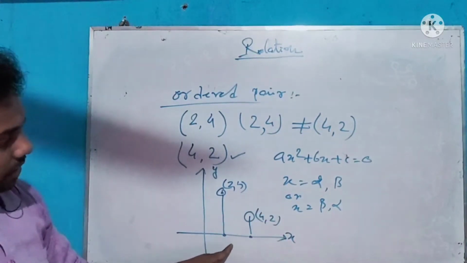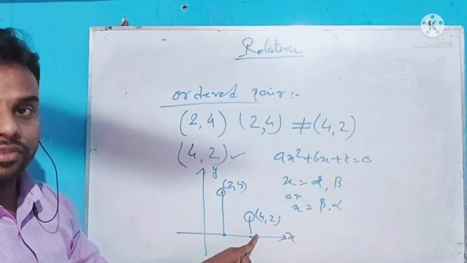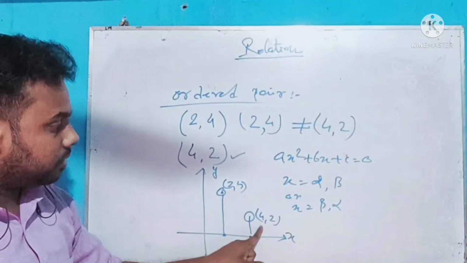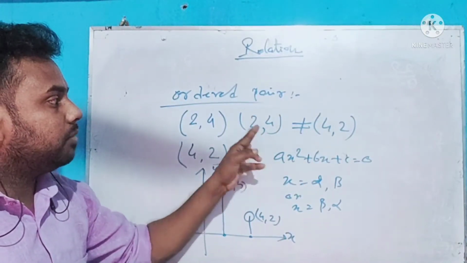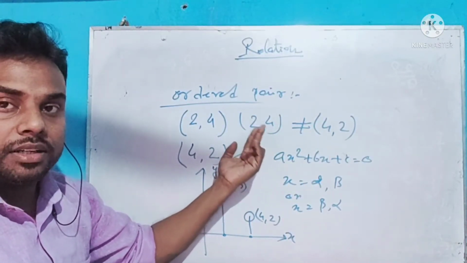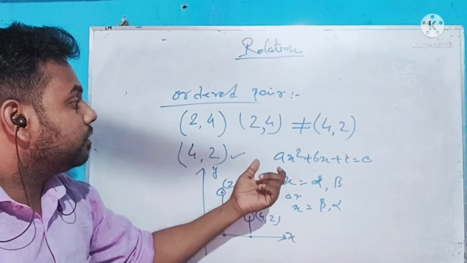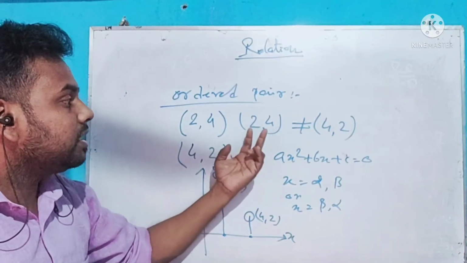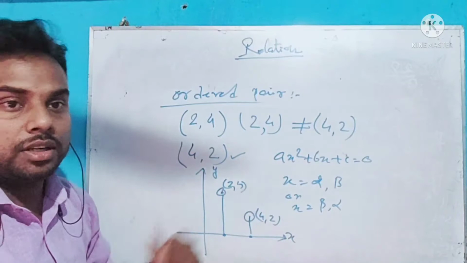It is clear from this graph that (2, 4) and (4, 2) are different, not equal. So the ordered pair is very important because the elements are arranged in a specific manner and it is meaningful. Actually, you can say that an ordered pair is a set of two elements in a specific order.